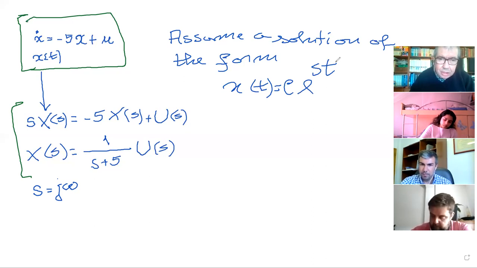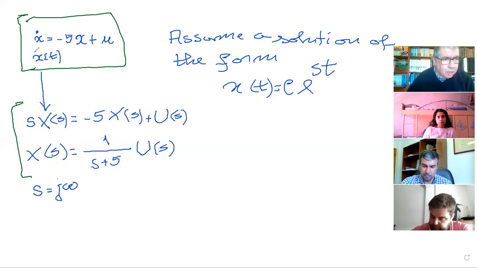So let's find conditions for s. C is a constant. Let's see if this can be a solution of our differential equation. So we have to show that our function verifies the differential equation. Let's forget a little bit about the initial condition.